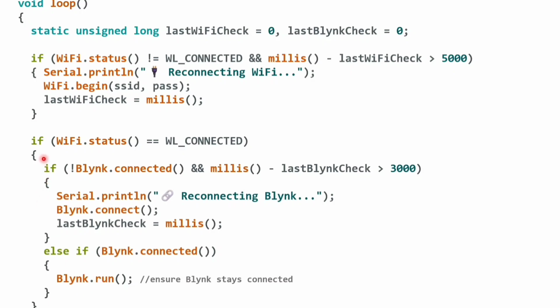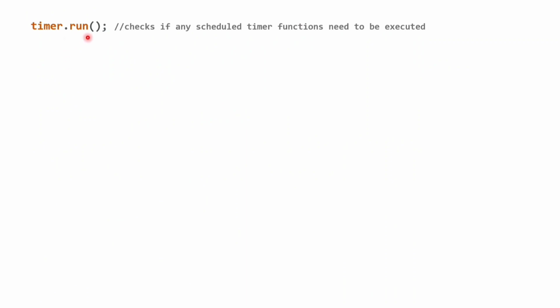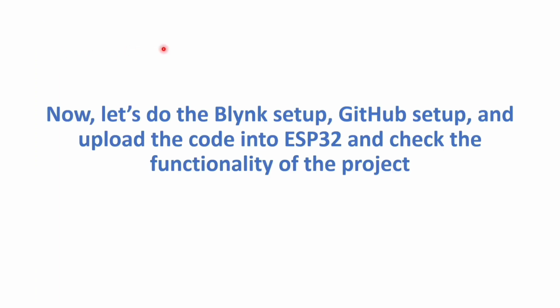Finally, ending of this if block. timer.run: this will check if any scheduled timer functions need to be executed. We have already used the timer function, and in order to run that timer function at the predefined time, this function you have to run, right? Ending of the loop function.